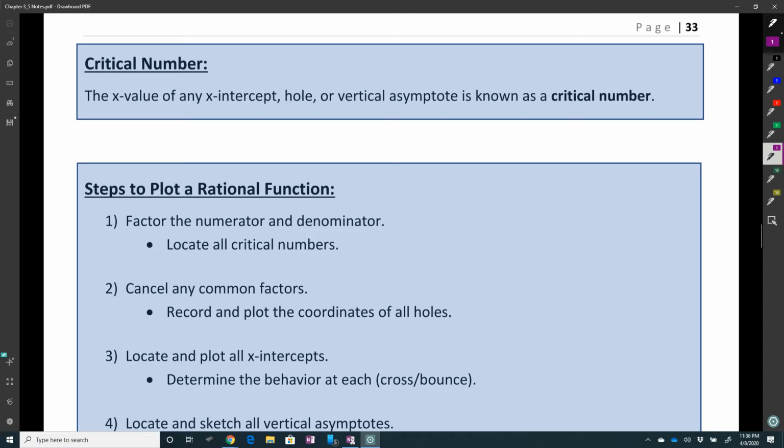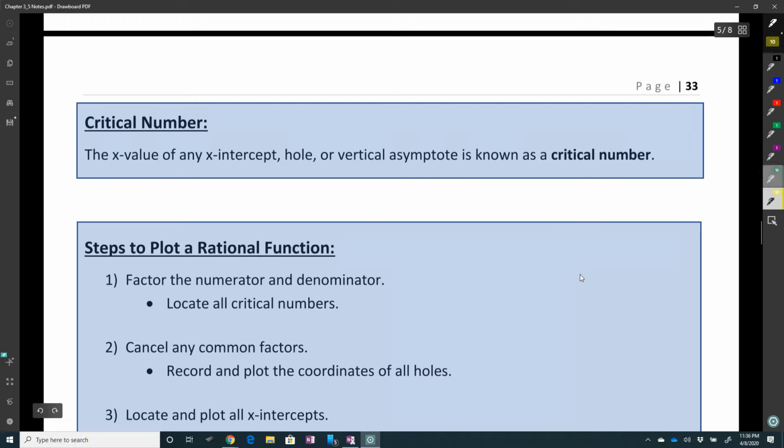So first we have the definition of a critical number. This is a definition that you're going to see a lot in calculus. A critical number is just a fancy way of saying important x values. What do we mean by an important x value? What makes an x value important?